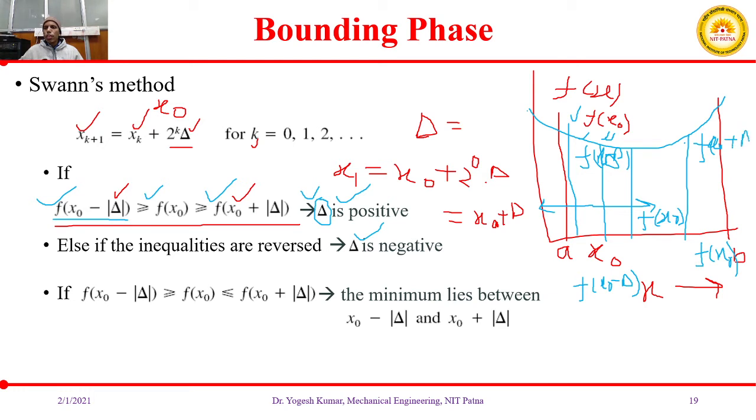Okay, so we can say that our optimum solution, that is the minimum value of your function, will lie in between x0 minus delta and x0 plus delta. Okay, so I hope it is clear.